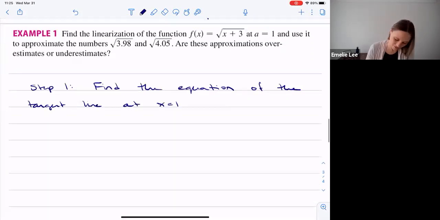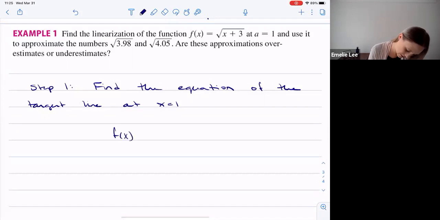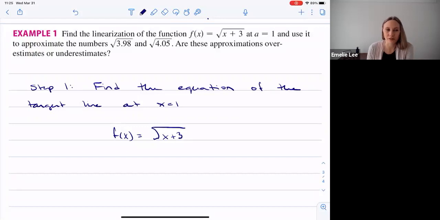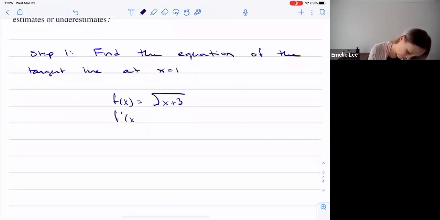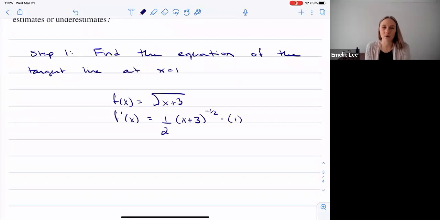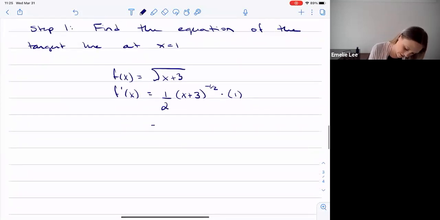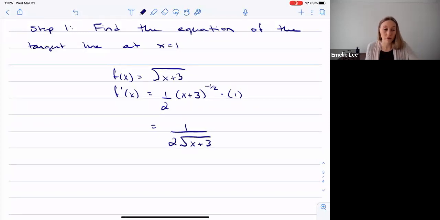We know how to find the equation of a tangent line, so we have f of x is the root of x plus 3. We know how to find the derivative of that, right? The derivative of f of x is 1/2 times x plus 3 to the negative 1/2. Technically times 1, right? The derivative of the inside, x plus 3, is just 1. So can tack that on there.